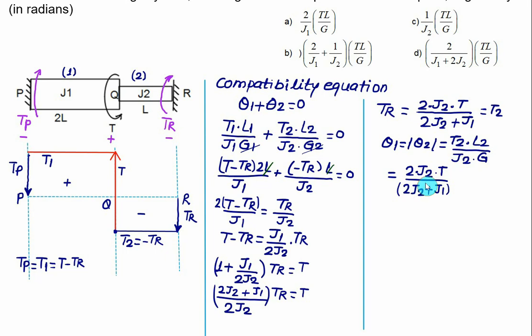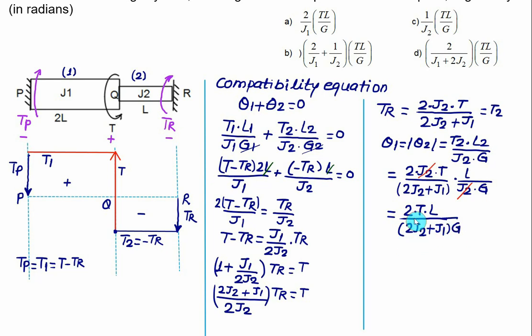So this one is the substitution for T2, multiplied by L2 and divided by J2 and further by G. Now this J2 and this J2 get cancelled, and we have L2 value equal to L. So we replace here L2 with L. So finally what are we getting? We are getting 2 times T multiplied by L, and the whole thing is divided by 2 times J2 plus J1 multiplied by G.